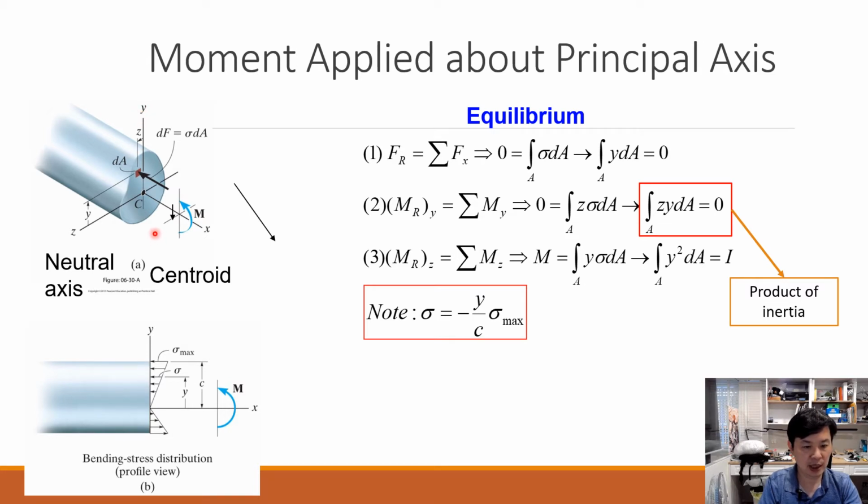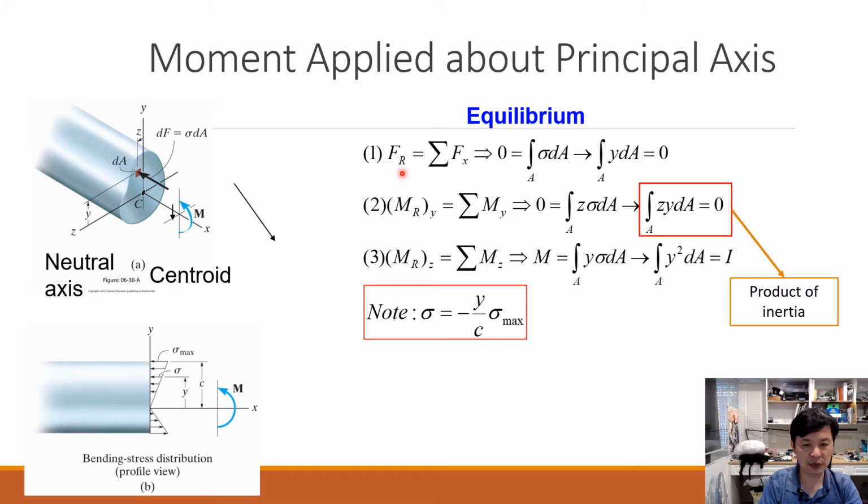And then if you want to know how to deal with this kind of cross-section, we need some special skill in the following. First of all, try to review one important formula we call the equilibrium formula. It's coming from the resultant force Fr.